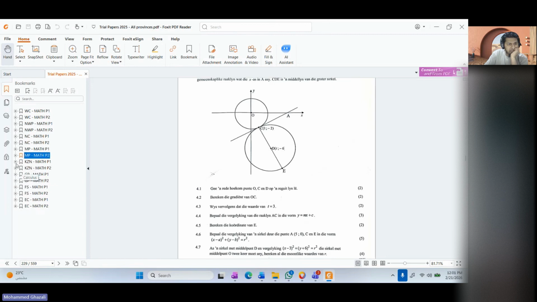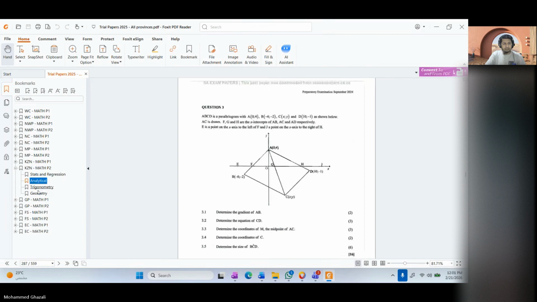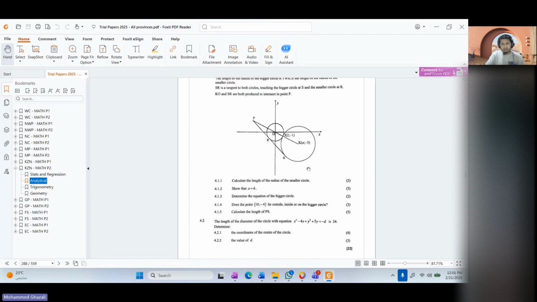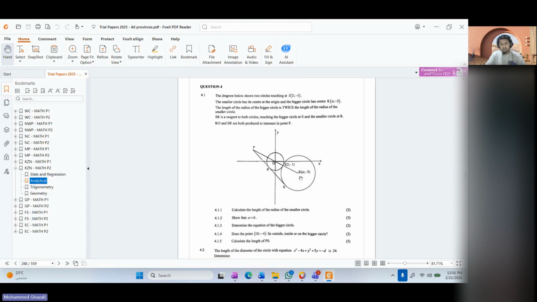Look at KZN. Okay, this is a nice question, and we'll end off here after this.